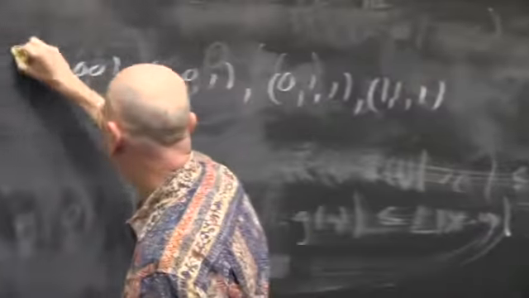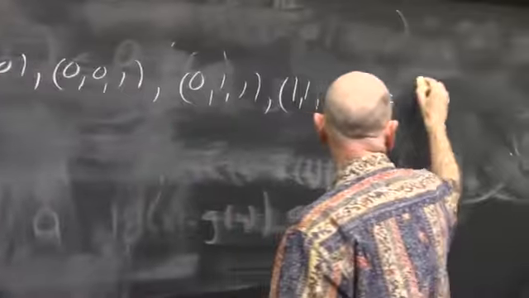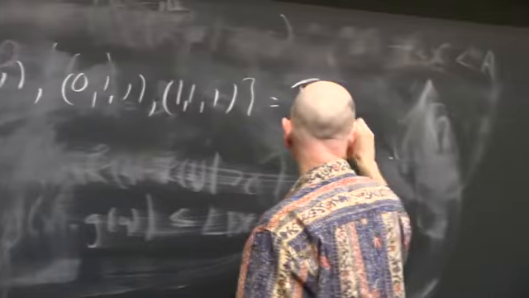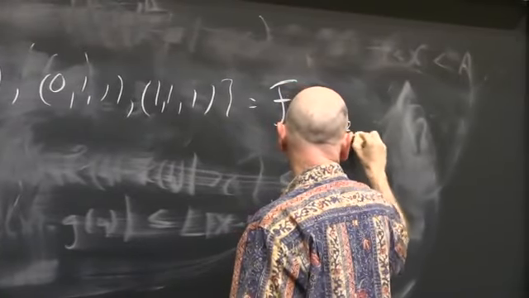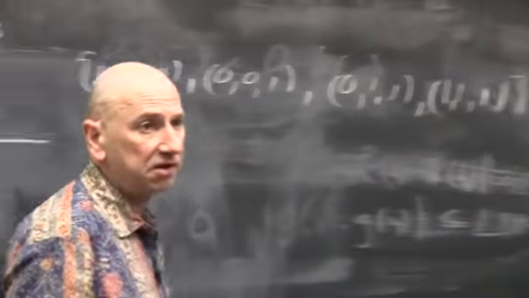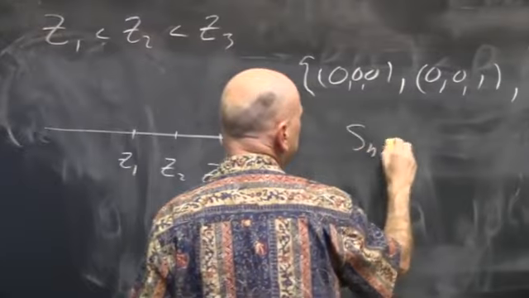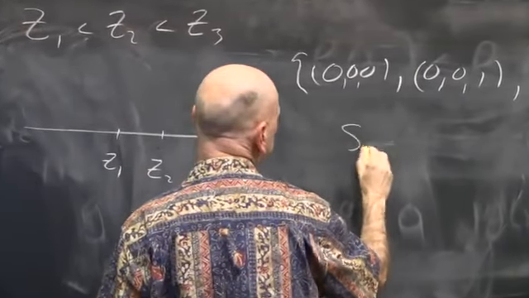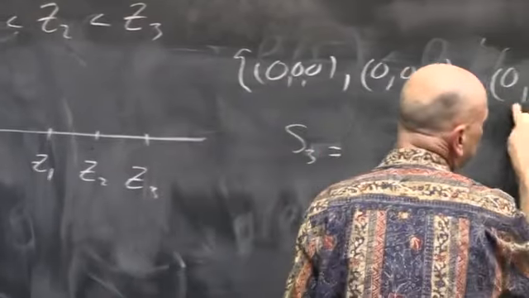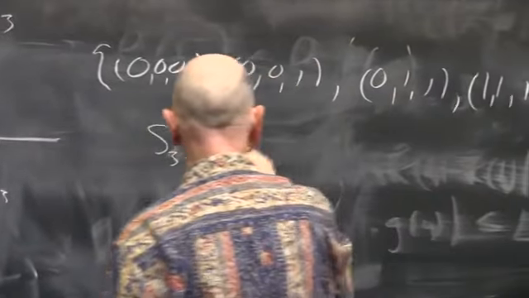Right? That's the set of possible projections. And you can see that's true no matter how I pick z1, z2, z3. So the shattering number for n equals 3 is 1, 2, 3, is it 4? 4.